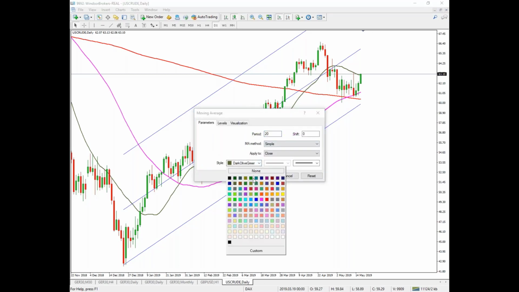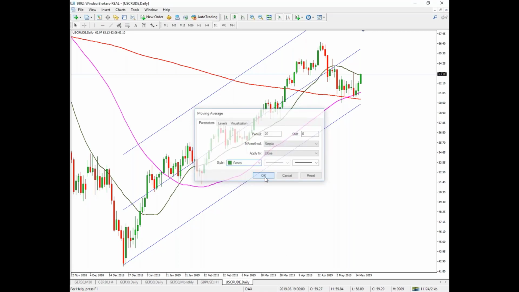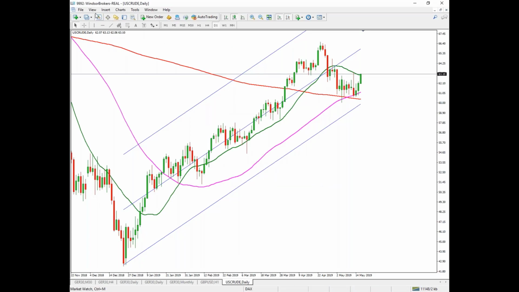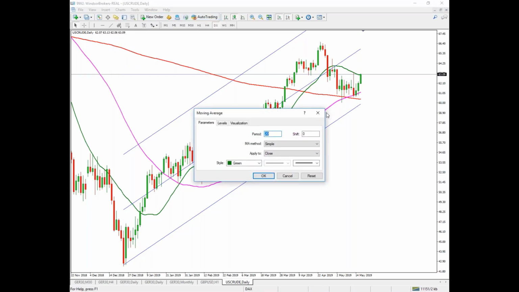I don't like this color, so we're going to put green. Okay, and then finally from our setup, the 10 days moving average, and it's blue.